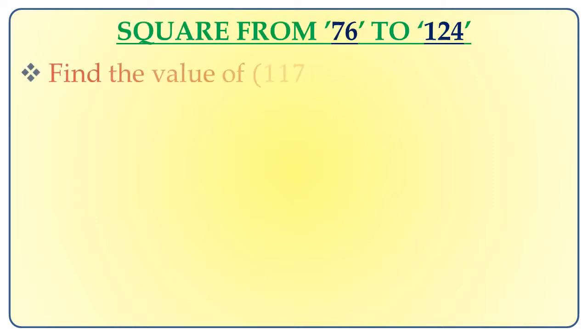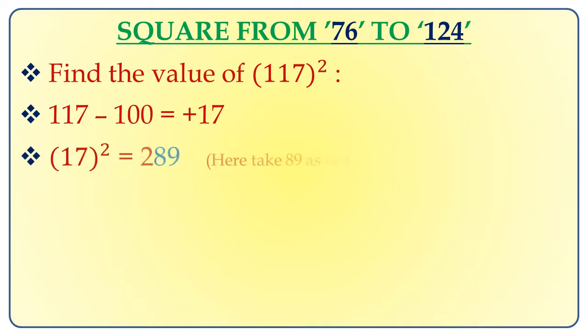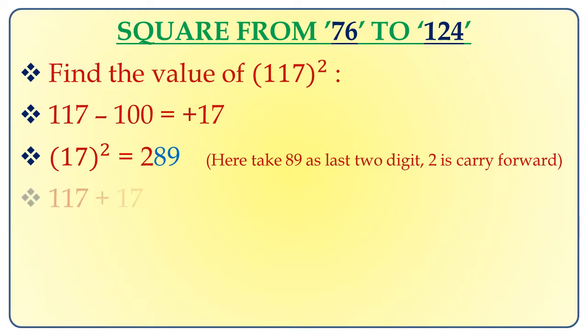We take one more example. Find the value of 117 square. Now find the difference between 117 and the base number, that is 100. It is 17. Now plus 17 square is 289. Now if the result comes as 3 digits, we take only the last 2 digits. So we take 89 as the last 2 digits of the answer, and 2 is carried forward.